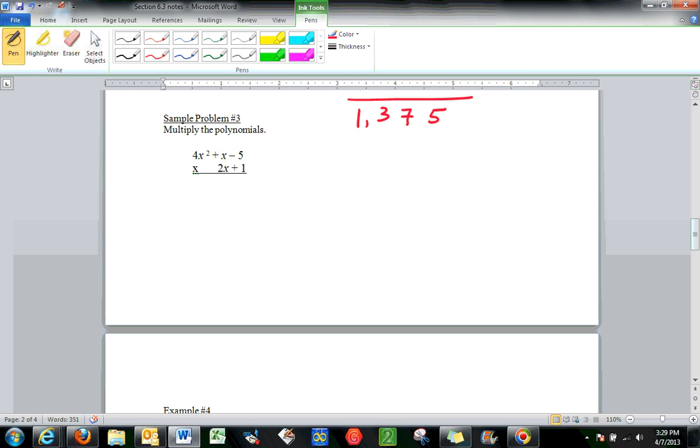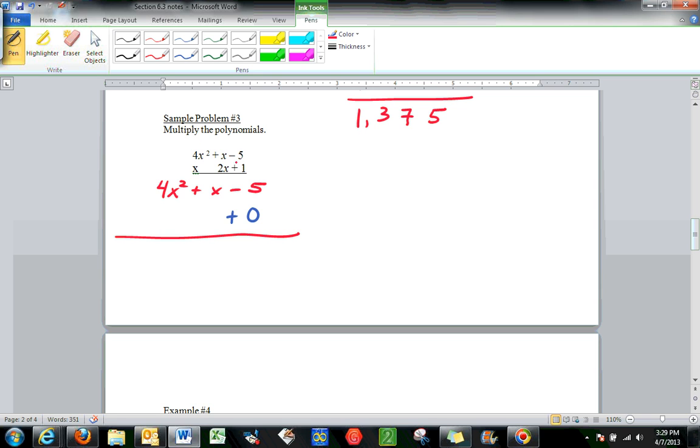Okay, so the first thing I'm going to do is multiply the 1 times every term on the top. Fortunately for us, that's a pretty easy process because 1 times anything is itself. So we're going to be left with 4x squared plus x minus 5. Now, the next part, we have to create a placeholder of 0, and then I'll start multiplying 2x times everything.